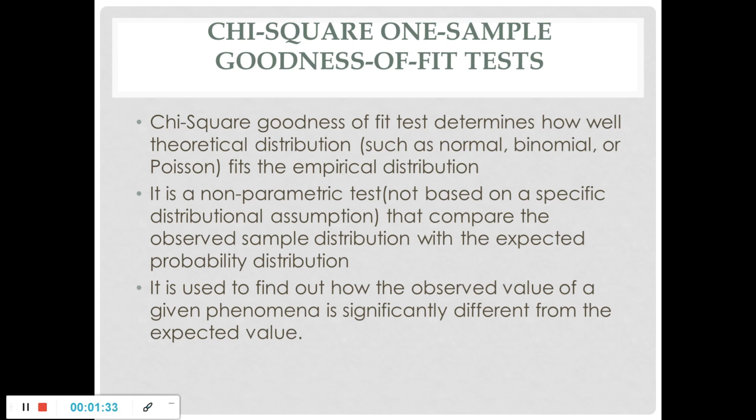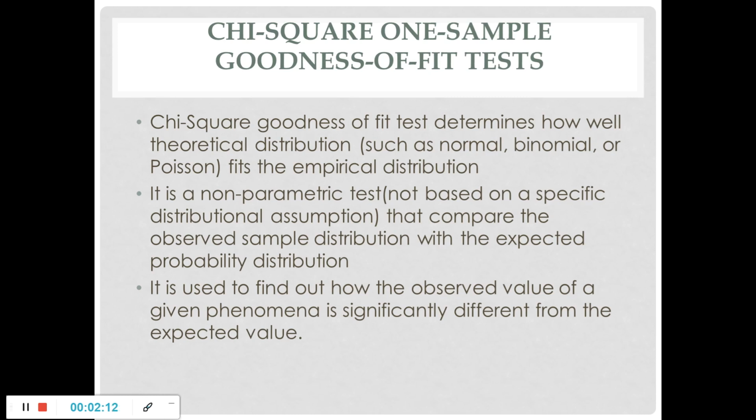It is a non-parametric test. That means it is not based on a specific distributional assumption. It doesn't assume that the population follows a specific distribution. So whatever may be the assumed distribution of your population, you can test whether your sample distribution represents the population distribution.